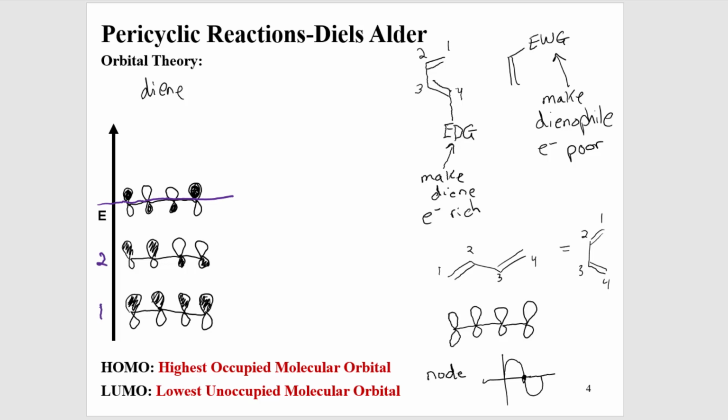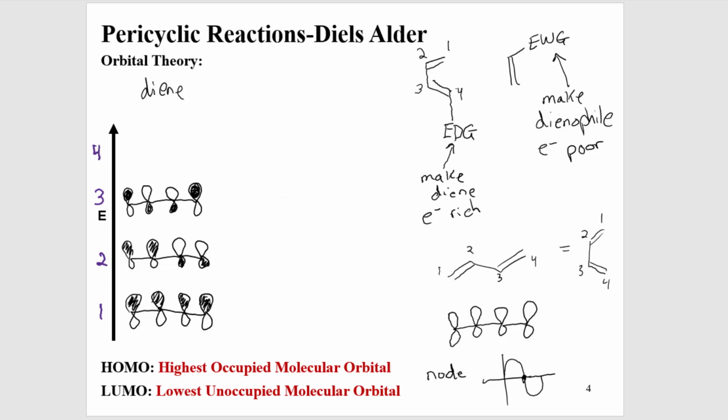If you compare what's on the top to the bottom, there's a node. It's a node because the wave function phase changes. There's also a node here, because when you compare left to right, there's a change. And there's a node here, left to right. So that has three nodes.